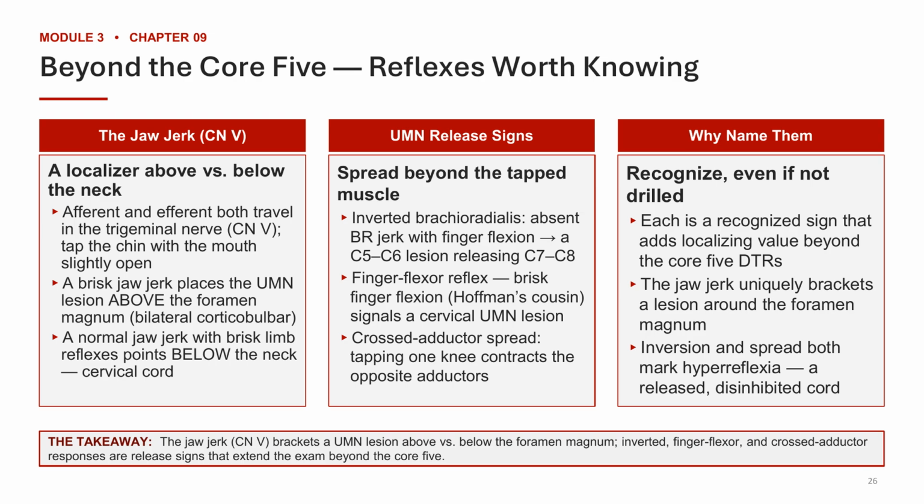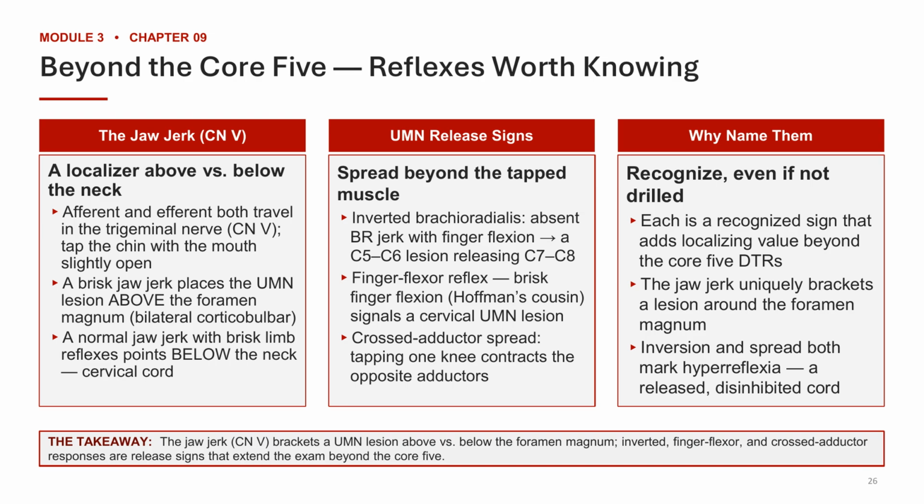The inverted brachioradialis reflex. You tap the brachioradialis, its own jerk is absent, but the fingers flex instead. That combination indicates a lesion at C5 to C6, destroying that segment while releasing C7 to C8 below it. One tap, two levels of information.